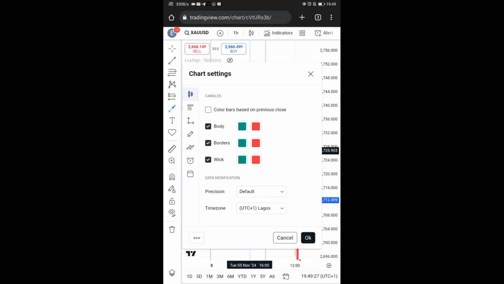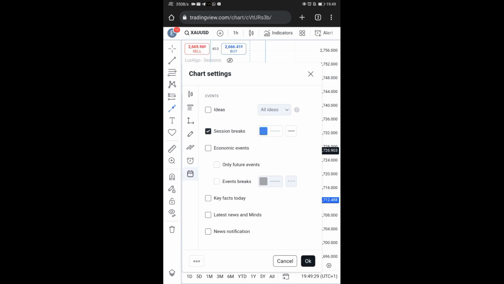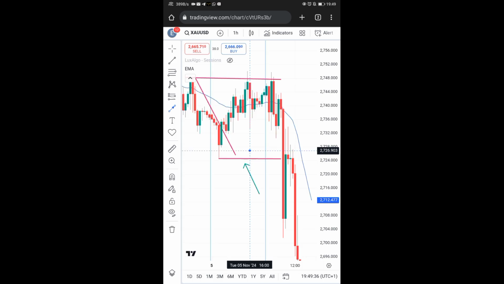Once it opens, you click on session breaks. So you click on OK. So those lines will be on your chart.